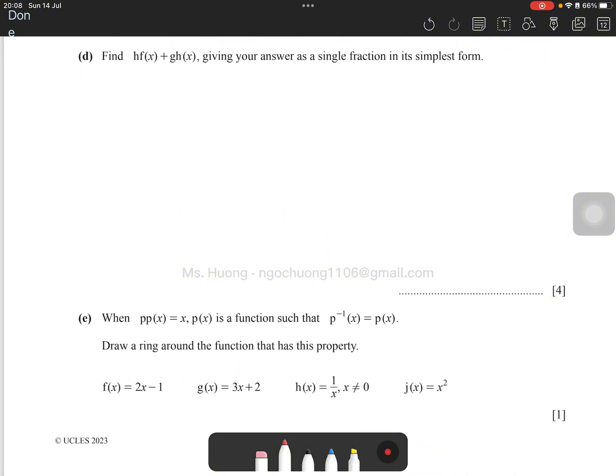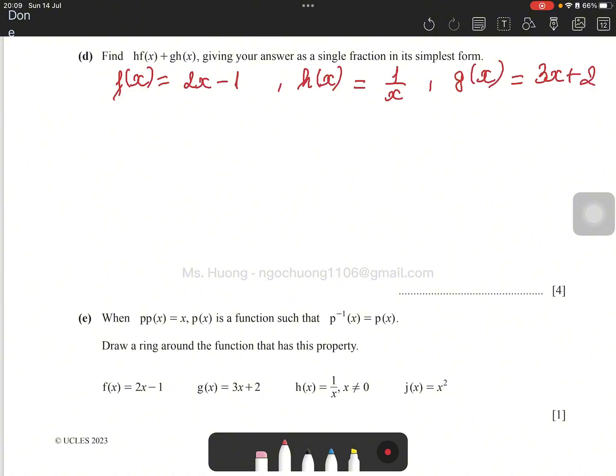Question D. Find h of f of x and g of h of x, giving your answer in a single fraction in simplest form. First, we know that f of x is 2x minus 1. And h of x is 1 over x. Then g of x is 3x plus 2. This is what we are given.